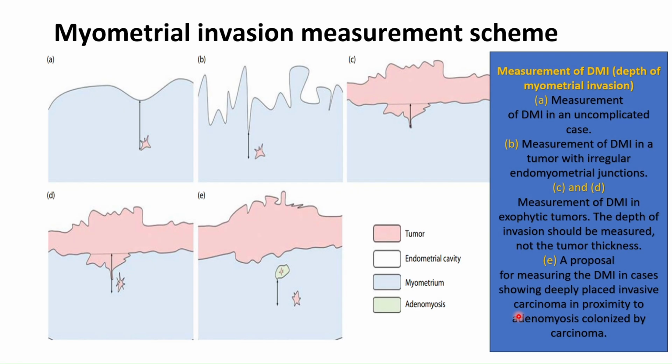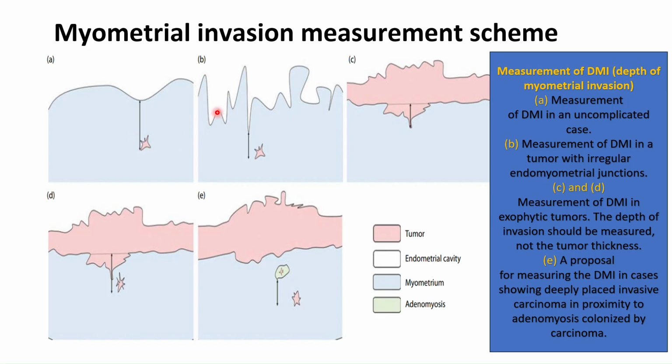for invasion criteria. So this is important, the diagram showing how to measure myometrial invasion. In this first diagram, if the endomyometrial junction is regular, then from the junction to the tumor is what we have to measure, and this is called the actual measurement of myometrial invasion. So this is called depth of myometrial invasion.